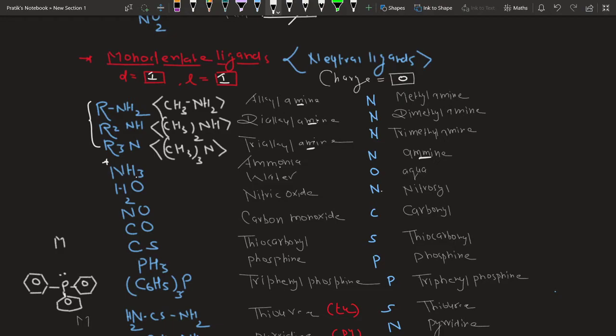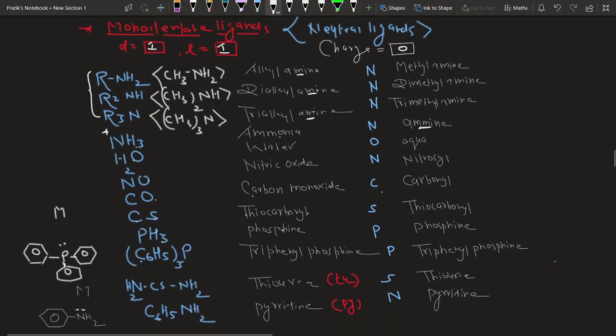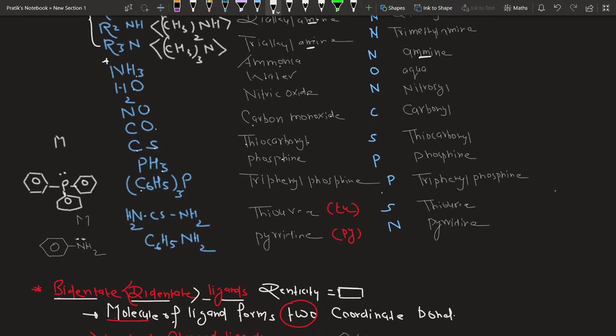NH3 is called ammonia, H2O is called water, NO is called nitric oxide, CO is called carbon monoxide, CS is called thiocarbonyl, PH3 is called phosphine, P(C6H5)3 is referred to as triphenyl phosphine. You can write triphenyl phosphine like this also.